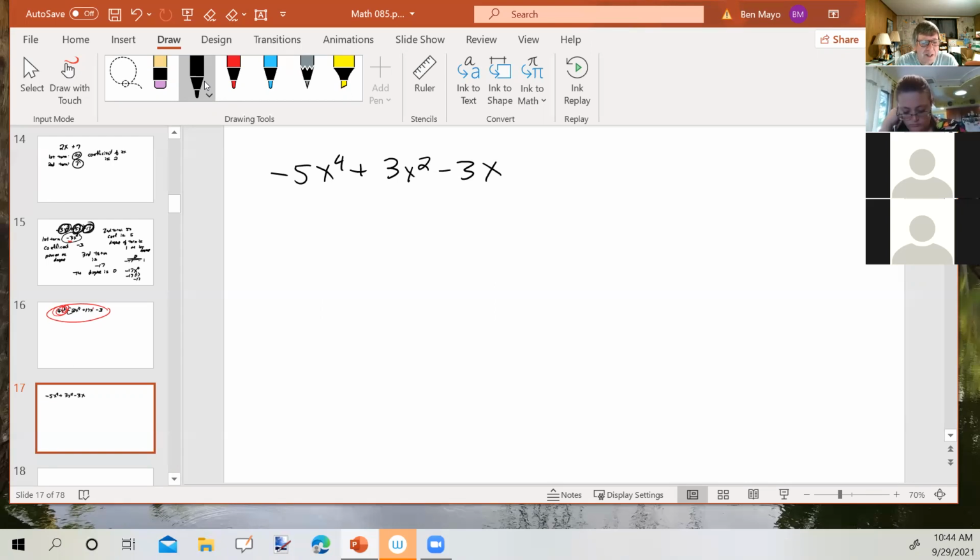The degree of the entire trinomial is 4, or fourth degree. Again, the degree of the entire polynomial is equal to the degree of the highest powered term. Any questions about that? Okay.